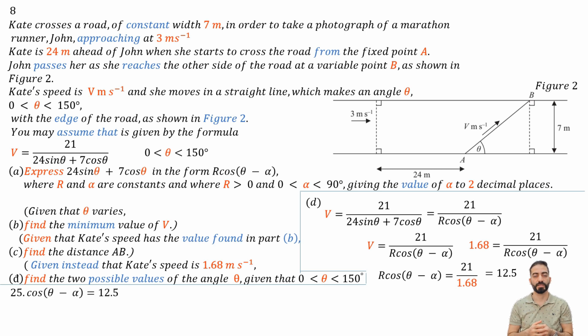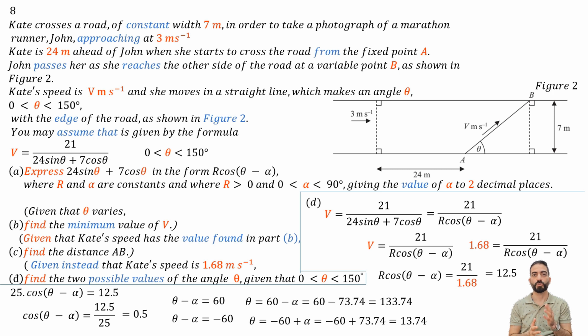So we get that cosine (theta minus alpha) equals 0.5. Using the calculator, we get that theta minus alpha equals 60 or equals minus 60. In this way, we obtain the answer for theta, and also the answer for theta can be checked against this condition.